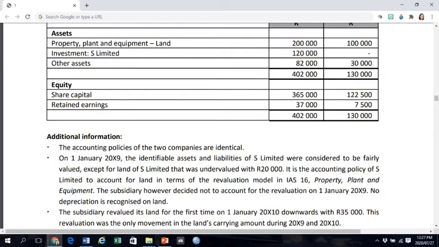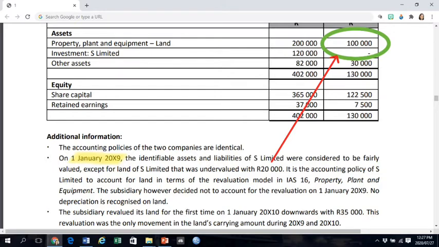On 1 January 20X9, being my acquisition date, the identifiable assets and liabilities of S Limited were considered to be fairly valued, except for the land that was undervalued with 20,000 Rand. So the 100,000 Rand on the trial balance of S is undervalued with this 20,000 Rand.